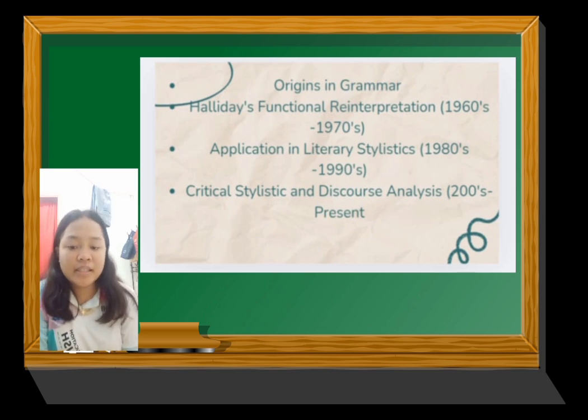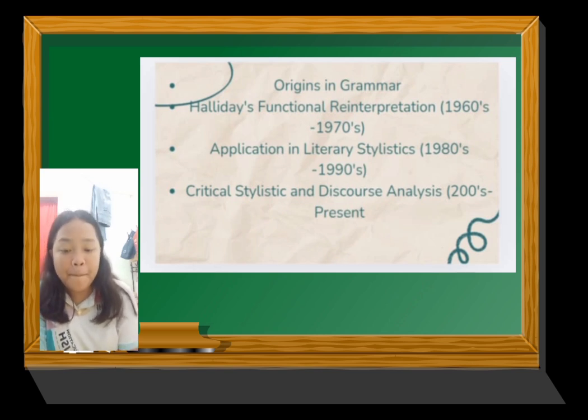Transitivity analysis was adapted to critical discourse analysis, or CDA, to reveal ideology and manipulation in political or media texts. Transitivity is used to explore biases, evasion of responsibility, and construction of social roles, such as passive construction to hide agency.